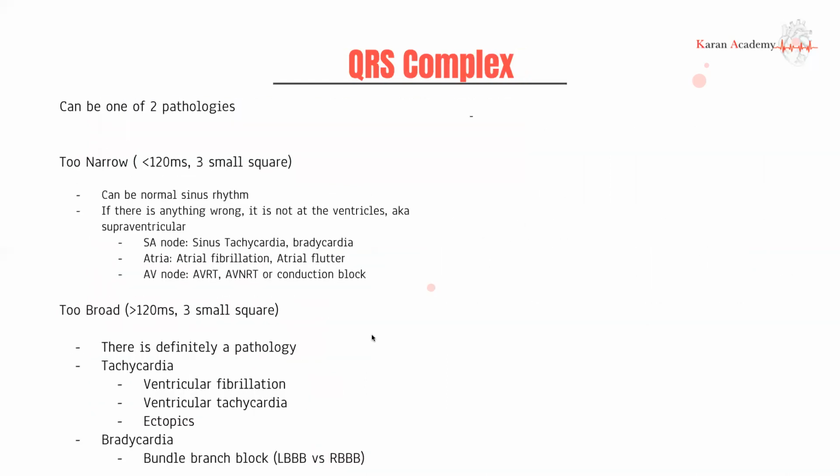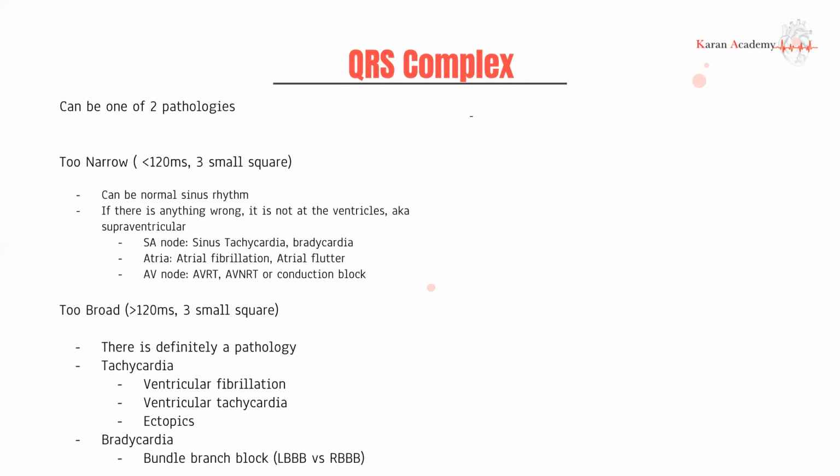Okay, QRS pathologies. Now, we can have two issues. They can either be too narrow or they can be too broad. And typically, when we talk about too narrow, we are talking about the duration of the QRS being less than 120 milliseconds, that is 0.12 seconds, which is, again, 3 small squares, magic number. This can be normal.